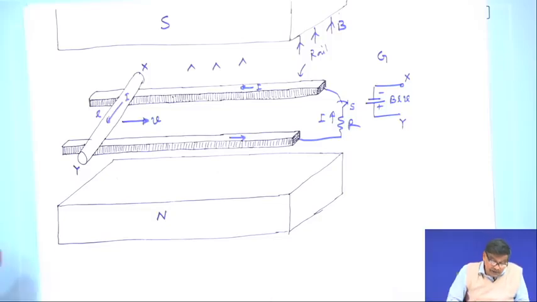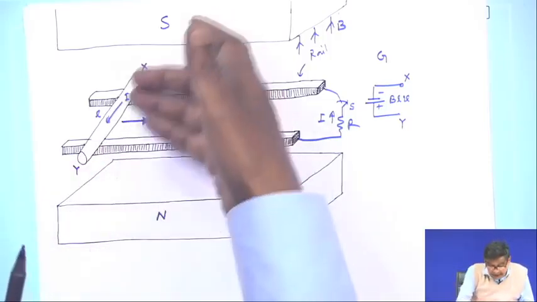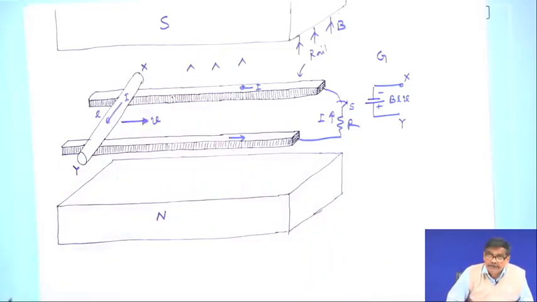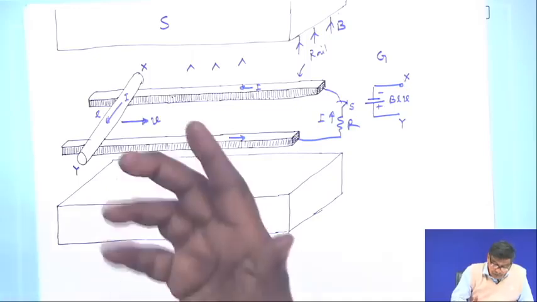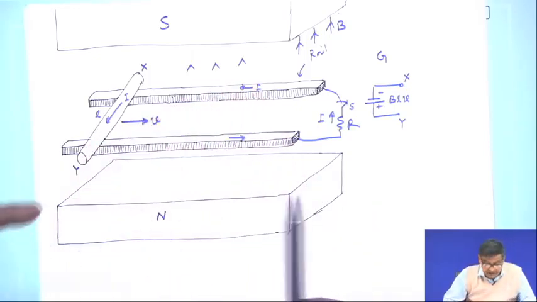And then I soon discover, oh, there is a conductor, it is carrying a current I in this direction and it is placed in a magnetic field. Therefore, it must experience now a force, and the magnitude of the force is BIL, and it will be in which direction?